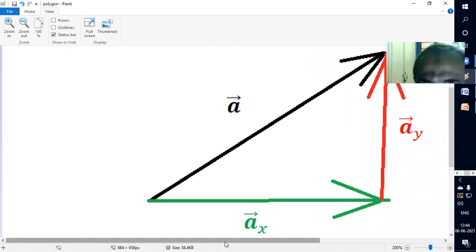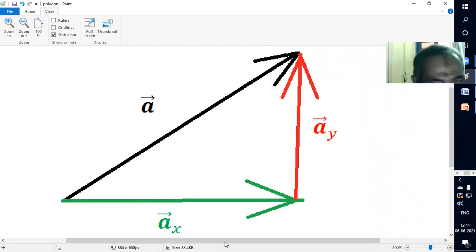See here, 3 vectors are there. One vector in black color, that is in diagonal direction, and other 2 vectors. One is A X in horizontal direction, another is A Y in vertical direction. Using these 3 vectors and the triangle law of vector addition, what mathematical equation can you write?